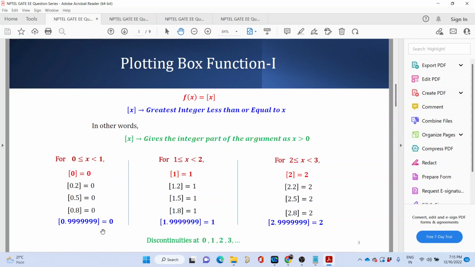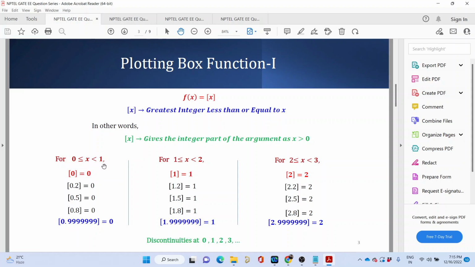Yes. If we are considering a point, say 1, and I take the value of the function slightly less than 1, and then take another point which is slightly greater than 1 and see the value of the function, if these two values are not equal to the value of the function at that point, then the function is discontinuous. Now look at this point, x equal to 1.